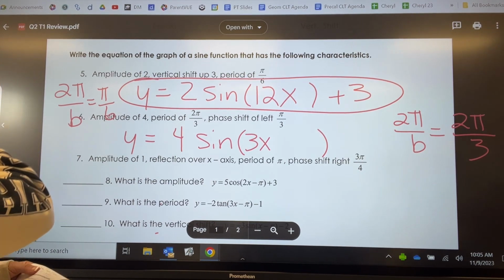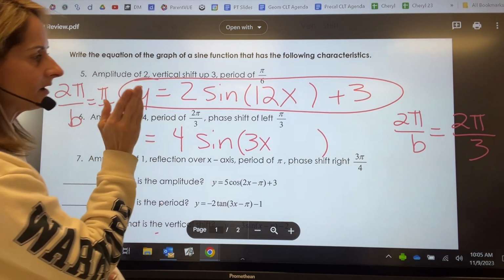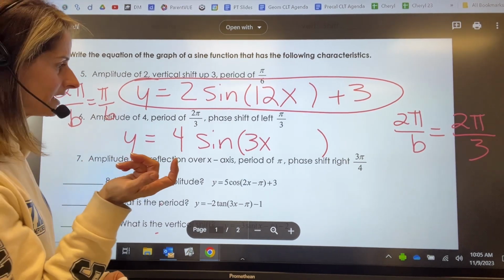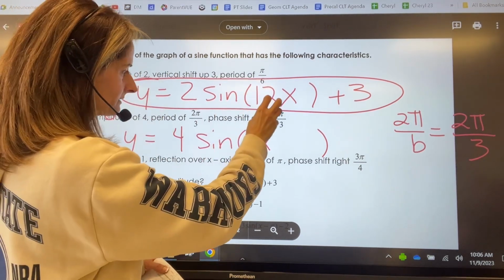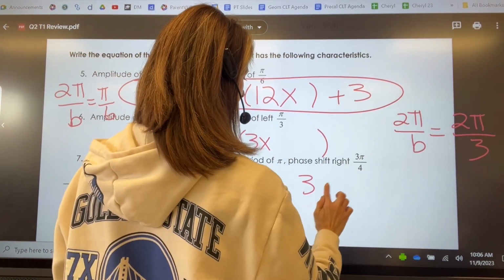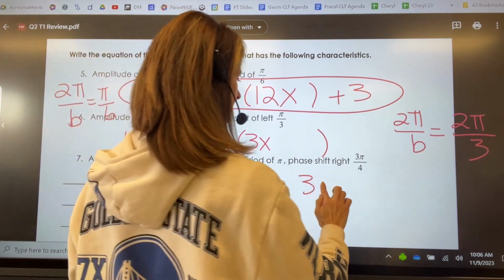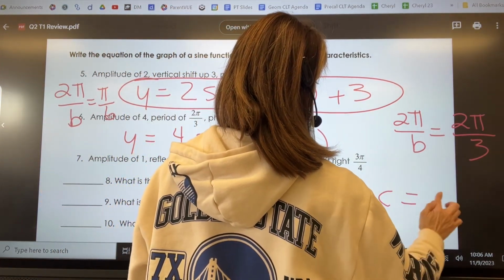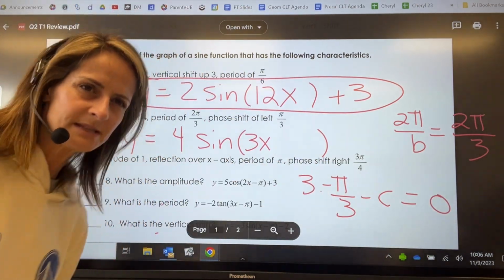And the last part is they tell us the phase shift of left pi over 3, so it's going to be negative pi over 3, or minus, okay? So that's our x. So when I take 3 and multiply it by left, negative pi over 3 minus c, and set that equal to 0, what do I get for my c?